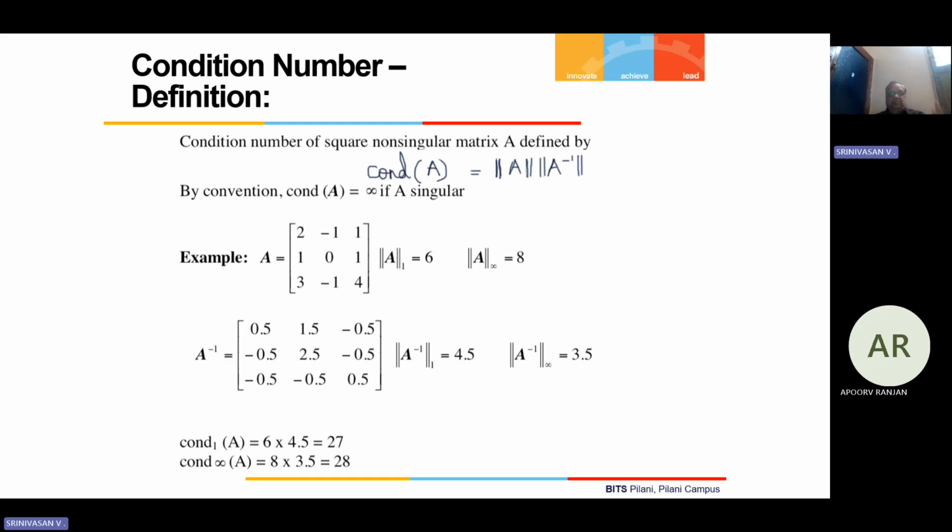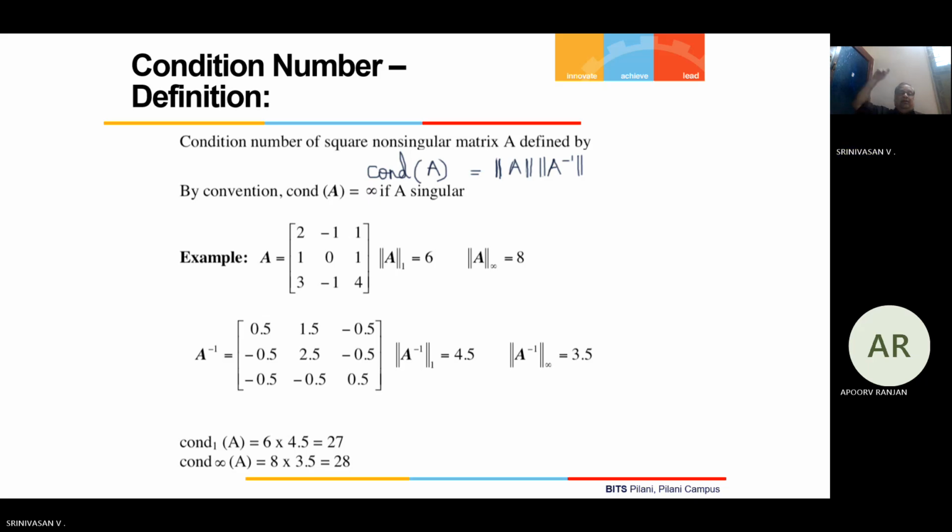Okay, A inverse is found separately, because finding determinant A and then 1 by determinant A into adjoint A is itself a big problem, and its values are given. So we will now find norm A inverse suffix 1. Go for column sums after taking absolute values. 0.5 plus 0.5 plus 0.5, 1.5. Second column: 1.5 plus 2.5 minus 0.5.